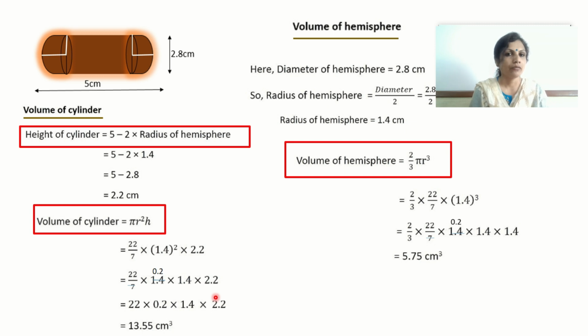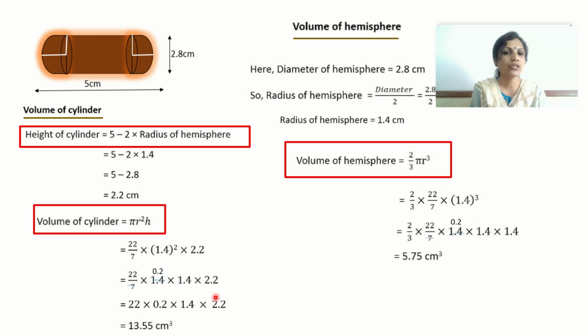For volume of cylinder, we need the radius, which we have 1.4 centimeter. Then we want height of the cylinder, and as I said, height of cylinder is total height minus 2 into radius of the hemispheres. Because we have two hemispheres, so both the radii we have to subtract from the total height.